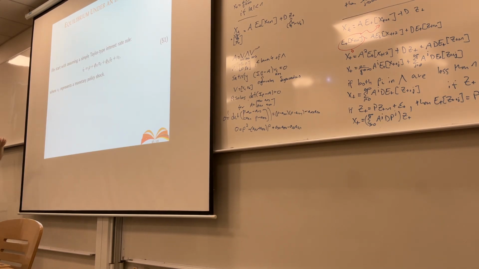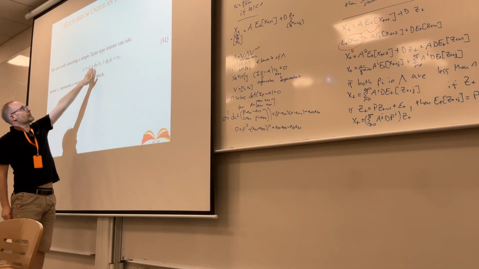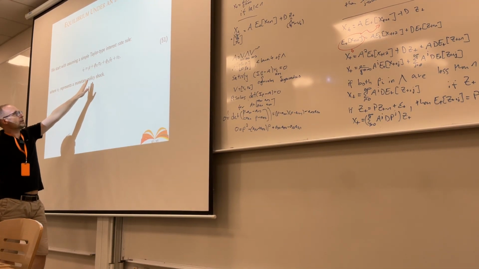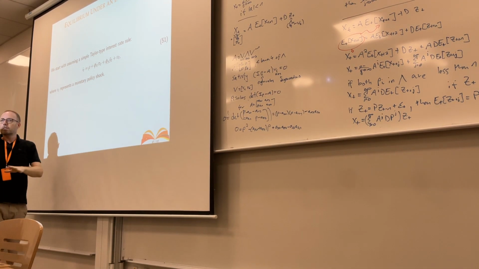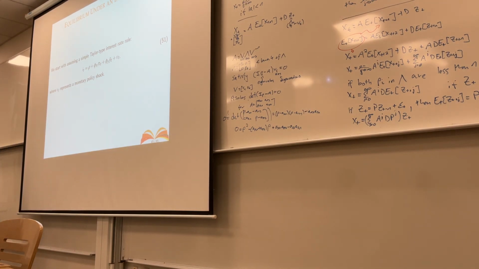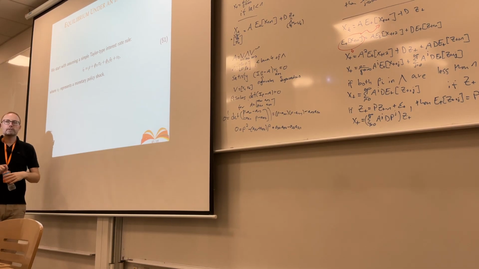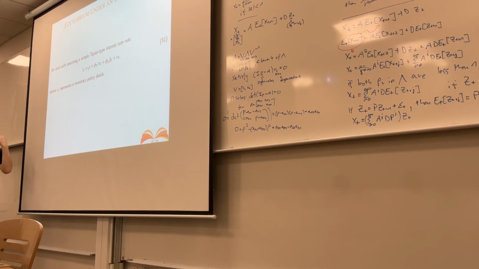There might be some reasons why we want to respond a little bit more strongly to inflation, or a little bit less strongly to the output gap, depending on, I don't know, maybe we've had problems with inflation in the past, so we want to show that we're really going to fight inflation, so we want to set this response to inflation really, really high.